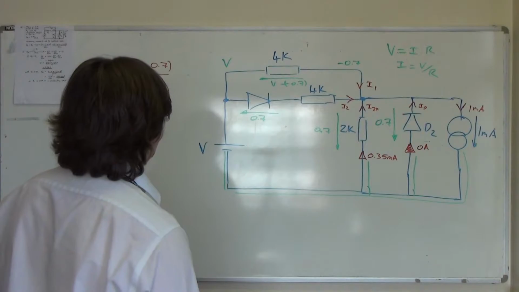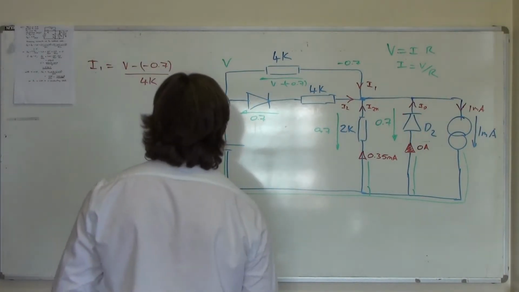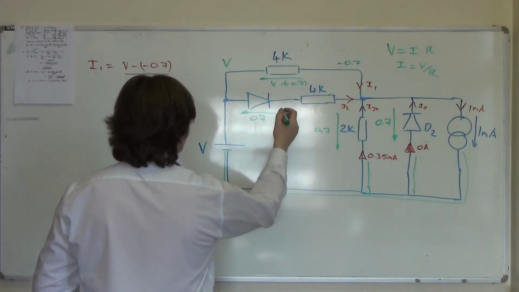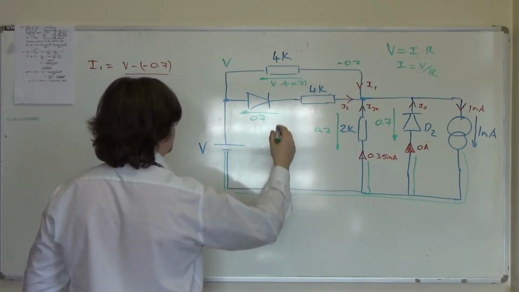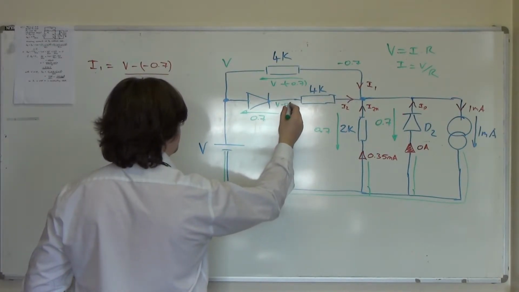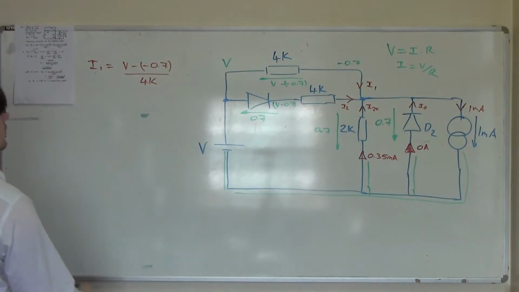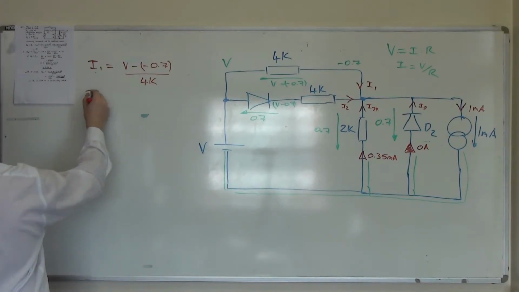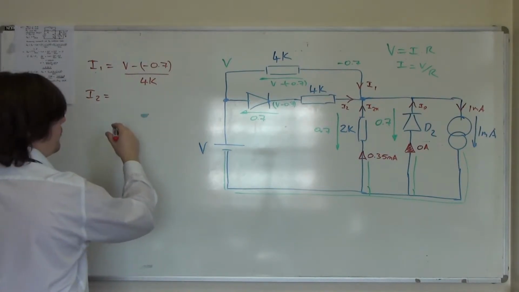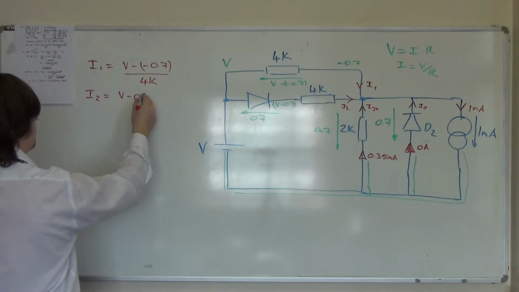And then we've got I2 as well, which, now could we agree that the voltage with respect to the reference here is V minus 0.7 as well? This diode's in conduction. So for I2, we have V minus 0.7.